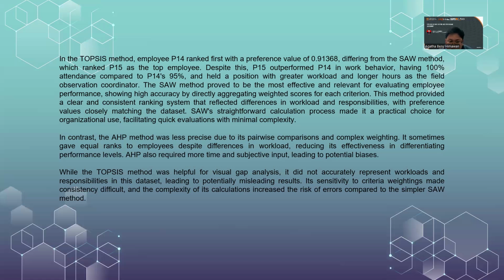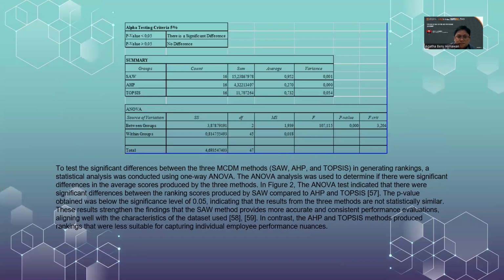While the TOPSIS method was helpful for visual gap analysis, it did not accurately represent workload and responsibilities in the dataset, leading to potentially misleading results. Its sensitivity to criteria weighting made consistency difficult, and the complexity of its calculation increased the risk of error compared to the simpler SAW method.